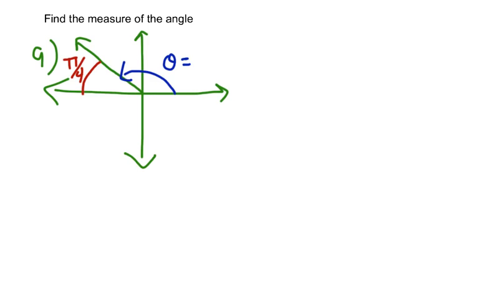Okay, we have to find the measure of each angle. So what they're looking for is this part here, the blue. They're giving you that this angle is pi over 4.